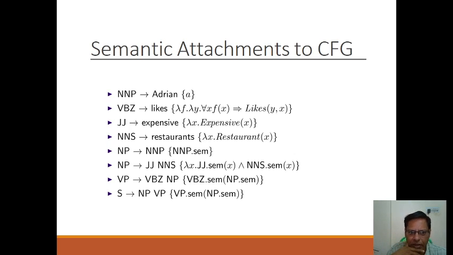And this is VBZ, that is a verb in present tense, third person singular, that is likes: lambda f, lambda y, for all x, f of x is equal to likes y comma x. Okay, and JJ, that is an adjective, expensive or like that. Okay, the noun statement is where the names and objects are, that is restaurants or restaurant, like that.